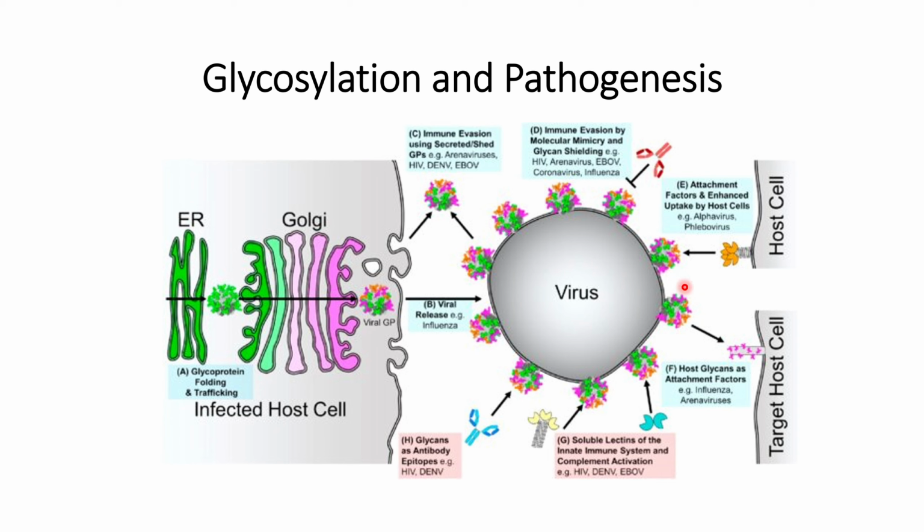In this case, the viral glycoprotein will recognize the carbohydrate structures present on the host immune cells, and mimic carbohydrate structures similar to the host cells, so that they can enter the host immune cells and weaken them. This strategy is known as attachment factor and enhanced uptake by host cells, and it has been used by alphavirus and Ebola virus, where they weaken the immune system by entering the immune cells and making them dysfunctional, or in other terms, inefficient.